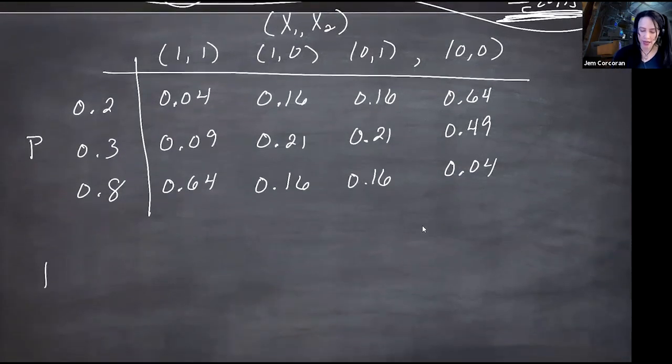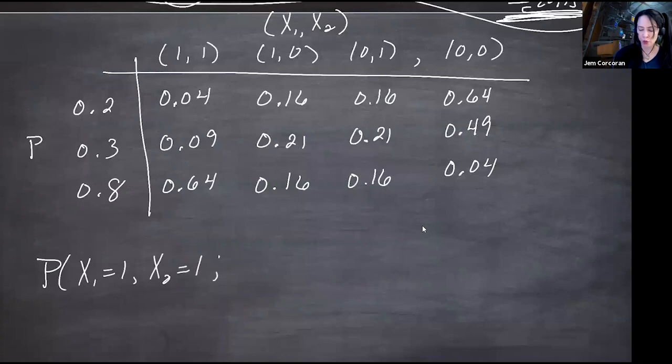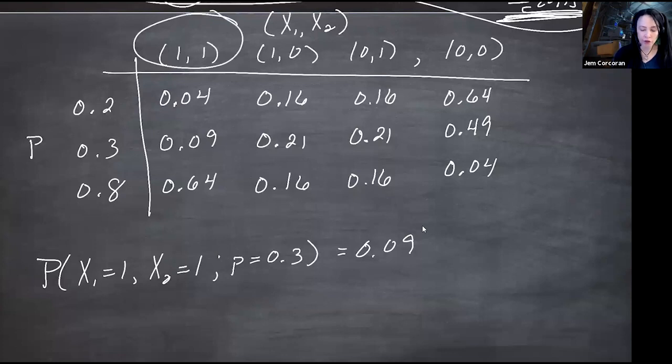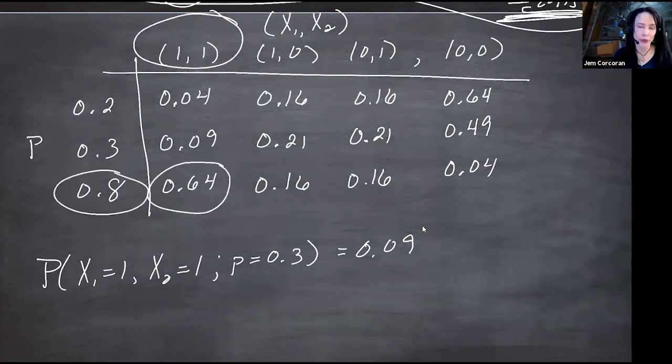So this is saying the probability we get x1 equals 1 and x2 equals 1, when the parameter p is 0.3, is 0.09. And for the MLE, you observe the data. It is done. It is fixed. And if this is what you observe, the value of p that gives the highest joint probability of seeing that data, this is the highest probability in that column, and it comes from p equals 0.8.